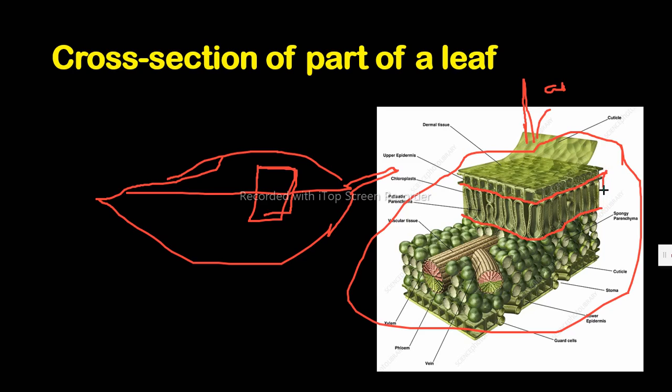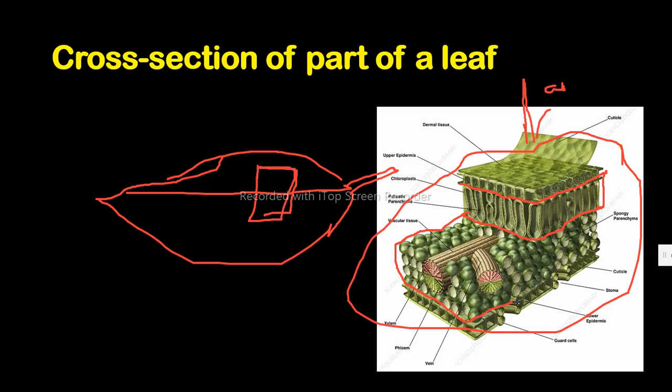These cells have numerous chloroplasts, very many compared to other layers, so they are the ones that carry out much of the photosynthesis.